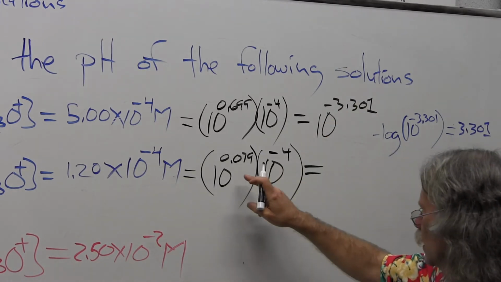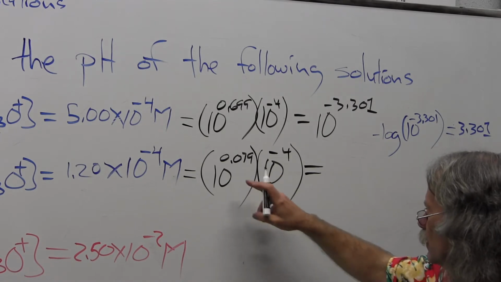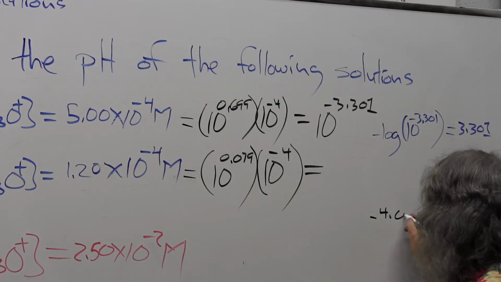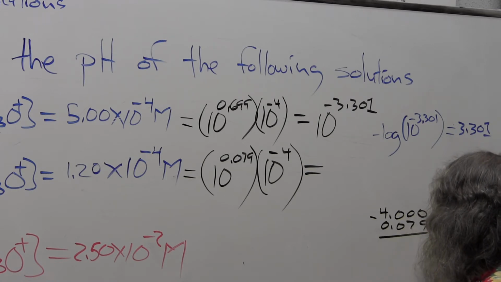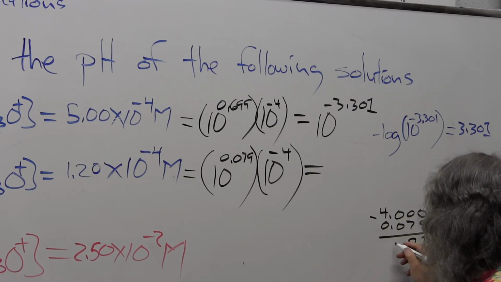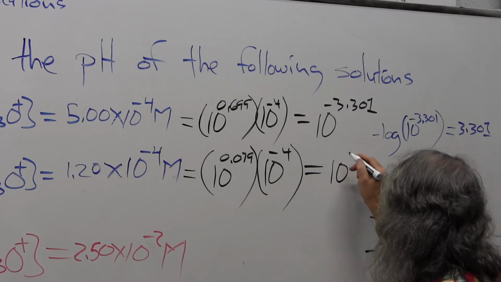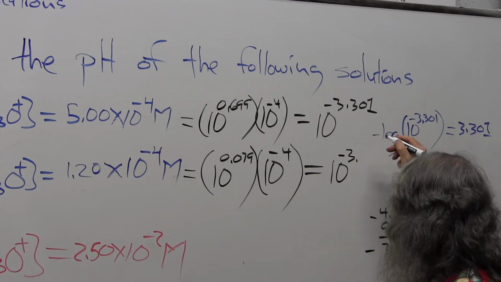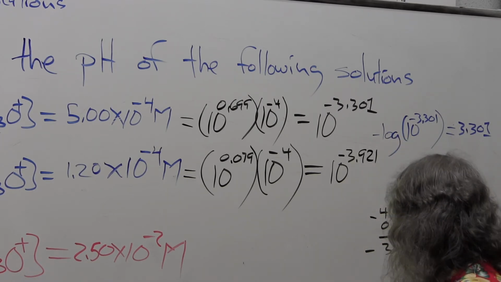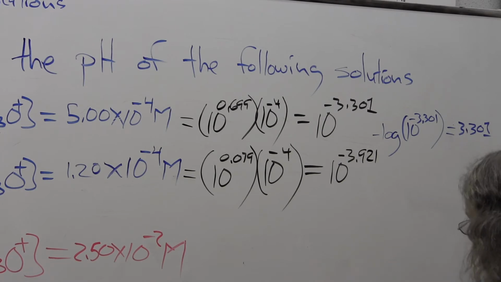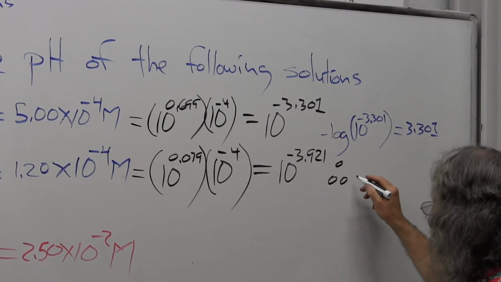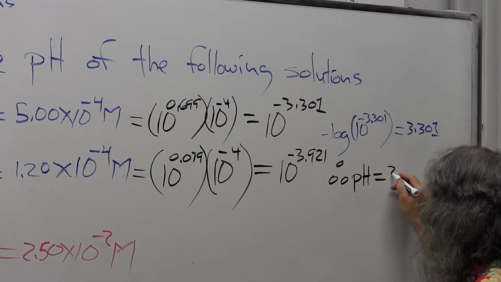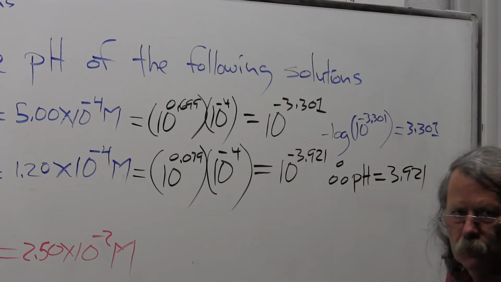It's the same exercise. I simply add these together, and I go minus 4.000, plus 0.079. This is a 1, this is a 2, this is a 9, and it's minus 3, equals 10 to the minus 3.921. And therefore, the pH is equal to 3.921.